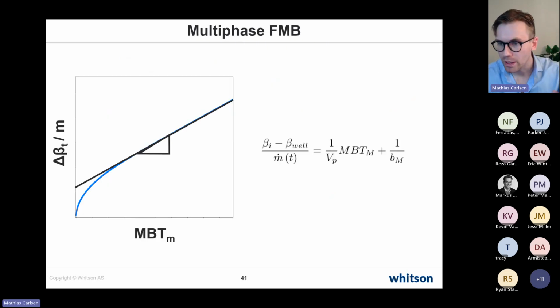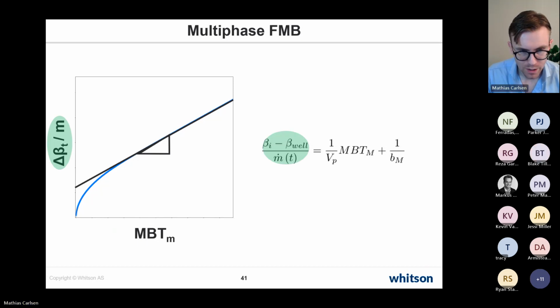You'll see typically, we'll talk about all the different phases of the plot. A vanilla version of the plot would look something like this. On the y-axis, you're plotting this mixture density change over mass rate.